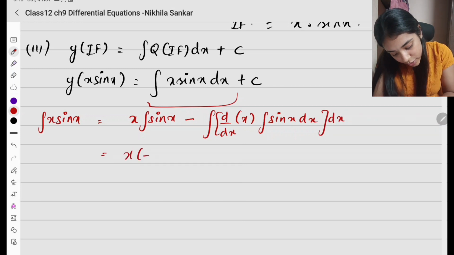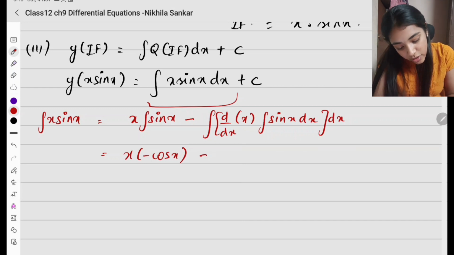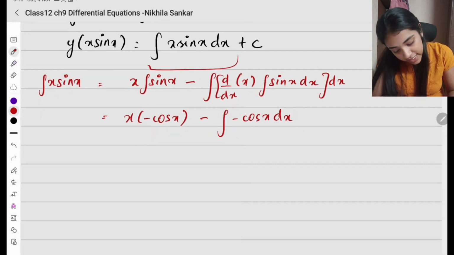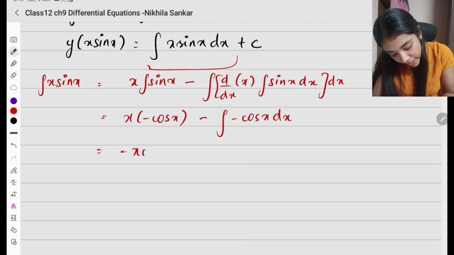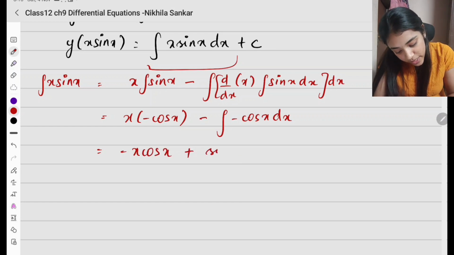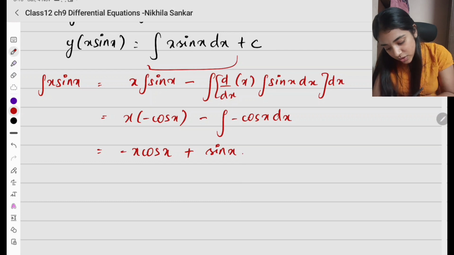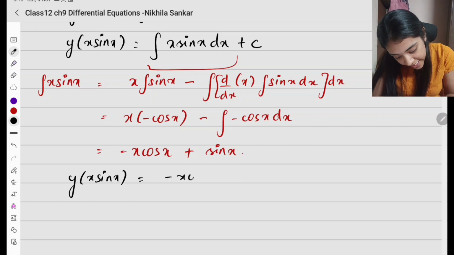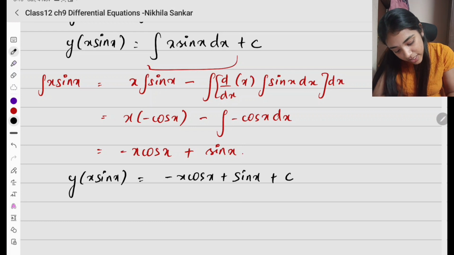So this is going to be x into minus cos x minus d by dx of x is going to be simply 1. Integration sin x or derivative is minus cos x dx. Minus plus side. So I have minus x cos x plus integration of cos x is going to be sin x. So what is my final answer? Y into x sin x equals minus x cos x plus sin x plus c.